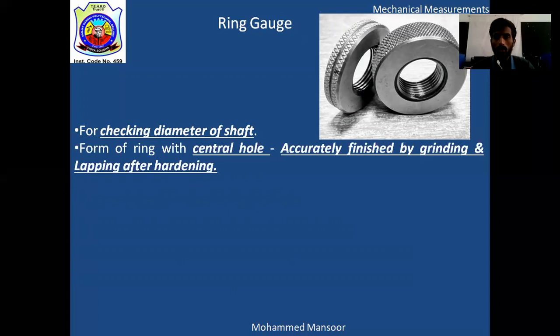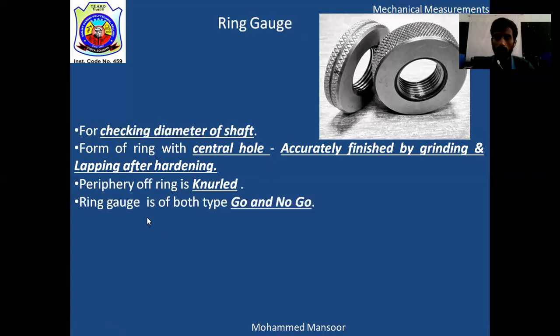They have a central hole, and are accurately finished by grinding and lapping after the heat treatment, that is hardening. The sides of this ring have a pattern for gripping purpose, which we call knurling.